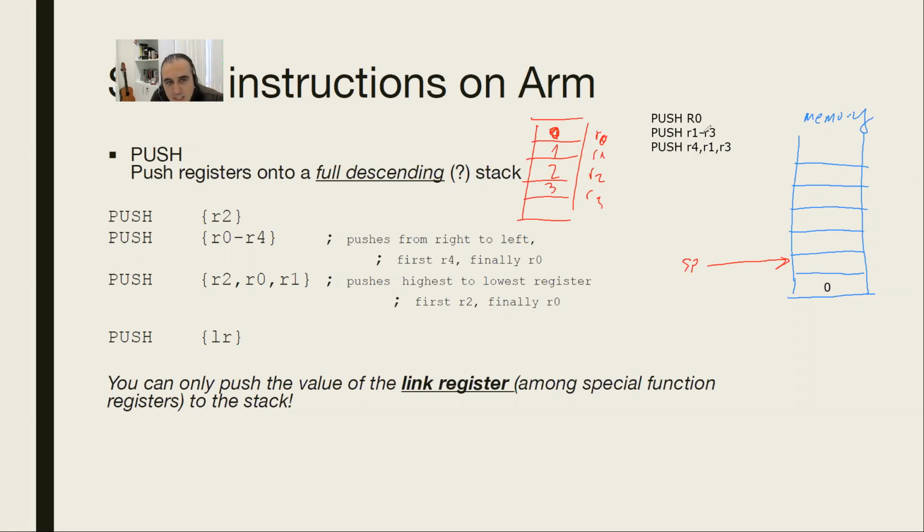So the next one is push R1-R3. I'm going to be pushing a number of values to the stack. Which one first? Here's how the definition goes. It pushes from right to left. So the rightmost one, then the next one, then the leftmost one. So I push R3 first. So I've got 3 here.